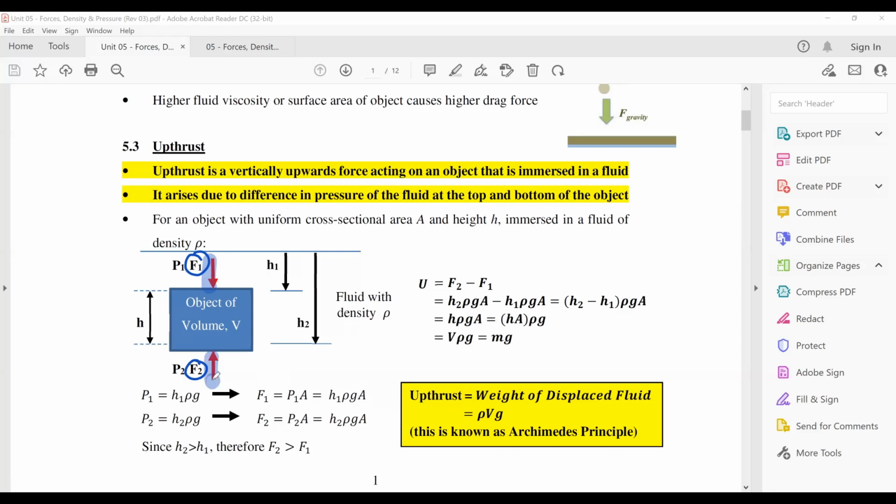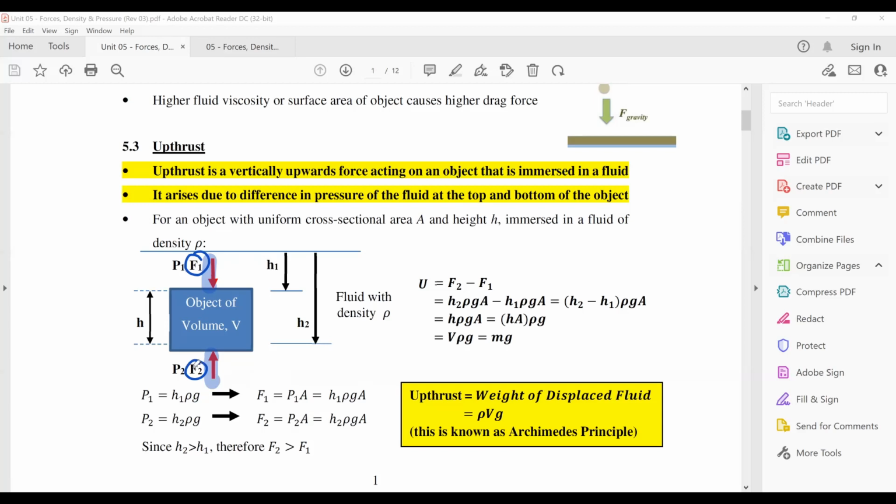F2 will act up on the bottom surface. Because pressure acts in all directions, the top surface will have the force acting downwards and the bottom surface will have the force acting upwards. Top surface, pressure acts downward, force also acts downward. Bottom surface, pressure acts upwards, force also acts upwards.